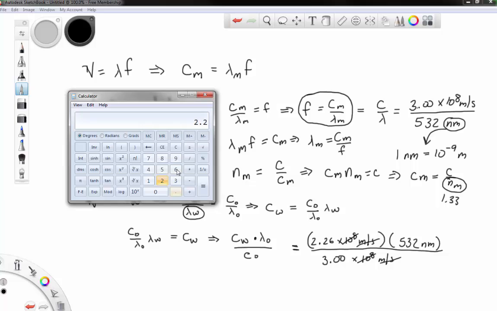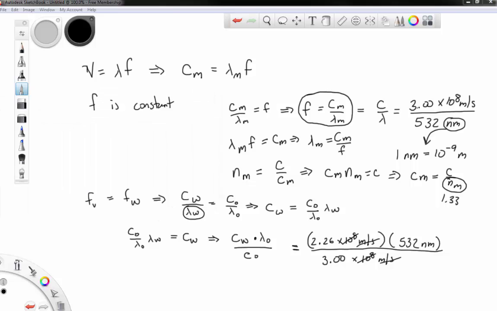So now we're going to have to do a little bit of multiplication and division. We pull out the calculator, we multiply 2.26 by 532, and we divide that by 3, and we get 400.77 nanometers. So that means that the wavelength in water, which is what we solve for in all of this, is about 401 nanometers.